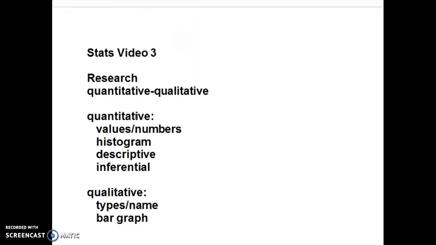So quantitative research deals with values and numbers. And if we're going to diagram quantitative research, it would probably go on a histogram. Now you recall we have a histogram and we have a bar graph. A bar graph basically focuses on qualitative research.